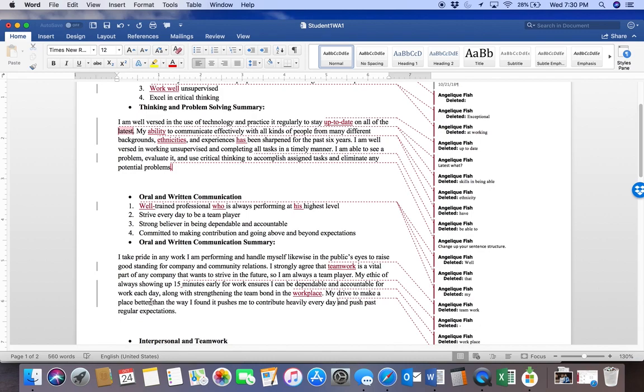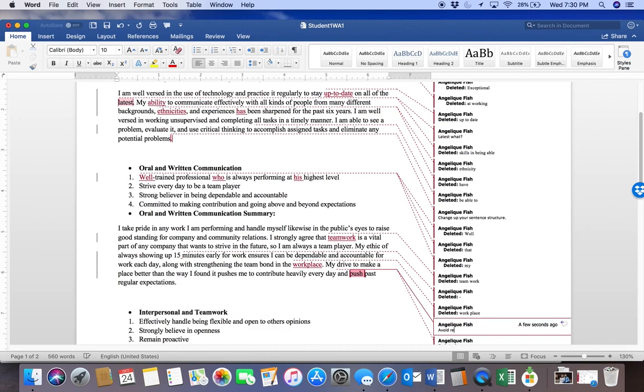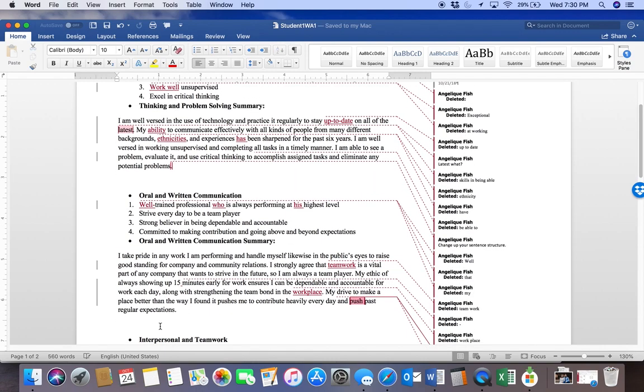My drive to make the place better than the way I found it pushes me to push past regular expectations. Let's try to come up with another word so that it's not, it pushes me to push. So avoid redundant wording. Pushes me to push past. Okay. All right.